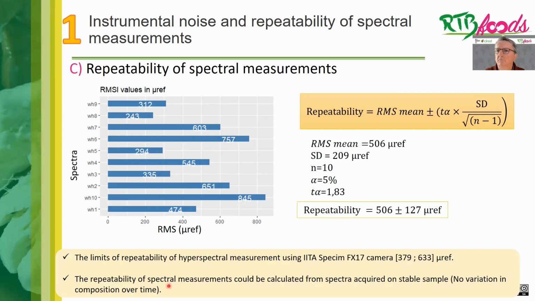Okay, and the repeatability of spectral measurement could also be calculated from spectral acquisition on a stable sample, not only from white reference. So stable sample means no variation in composition over time.